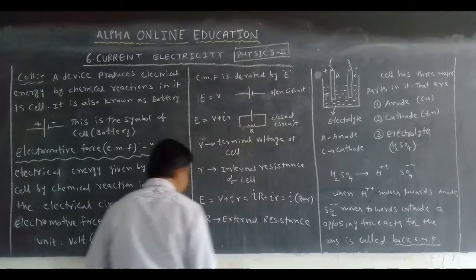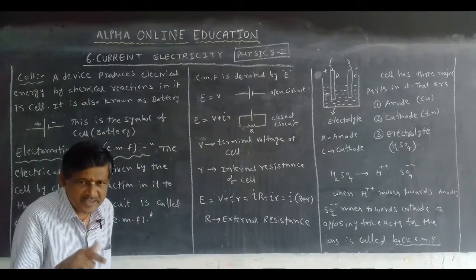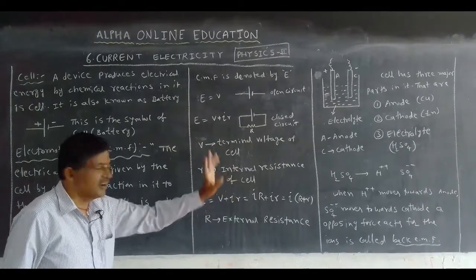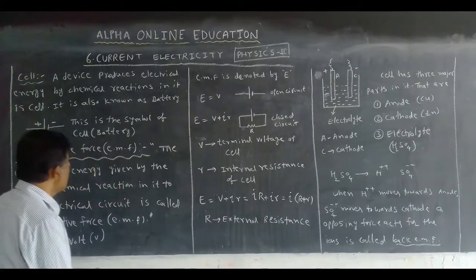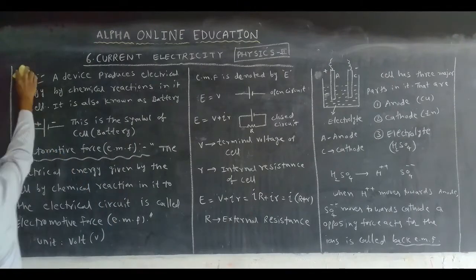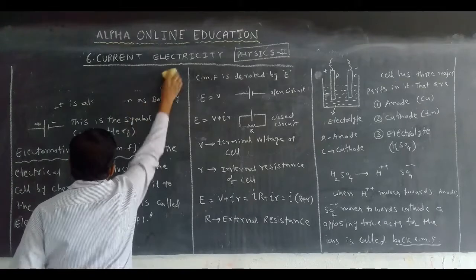Due to this back EMF, one resistance is established in the cell. That resistance is called internal resistance.